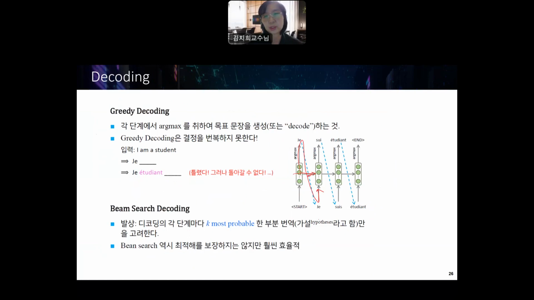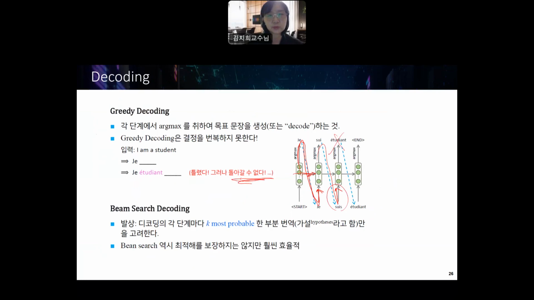So if we generate Je, this will be used as an input for generating the next output, and so on. But if this output is wrong, then we cannot go back.